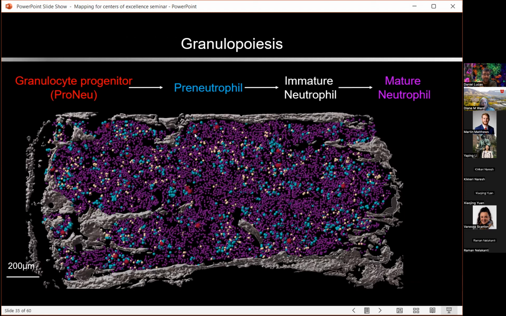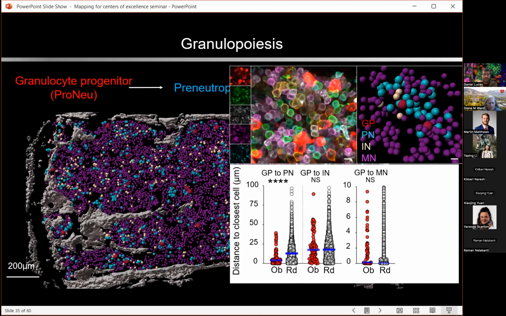If you look at a granulocyte progenitor, there is always going to be a cluster of preneutrophils next to it. But there are mature neutrophils everywhere in the marrow with very few exceptions. And actually, these holes correspond to large vessels in the marrow.